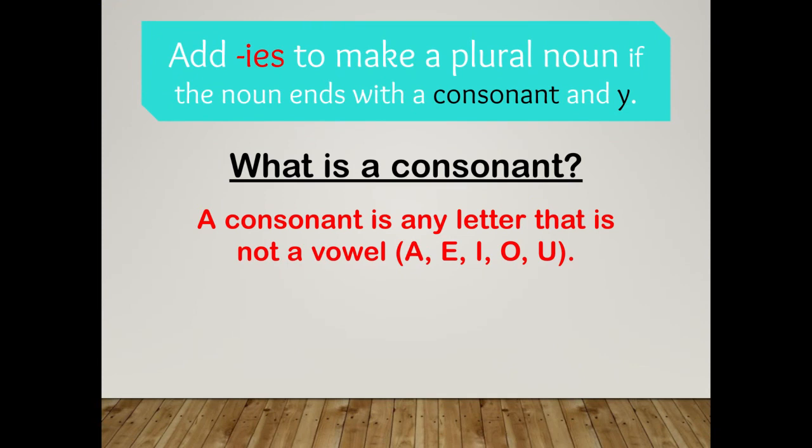A vowel is A, E, I, O, U. So a consonant is going to be B, C, D, F, G, H, J, K, L, M, N, P, Q, R, S, T, V, W, X, Y, Z. Okay, all of those letters are consonants.